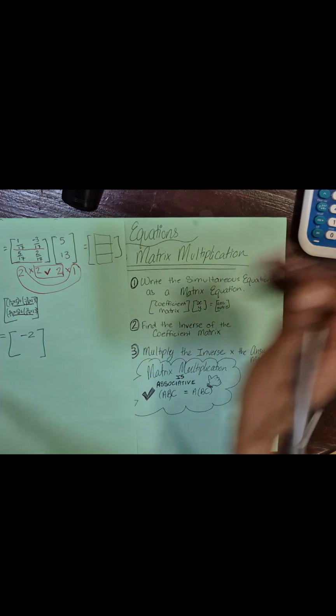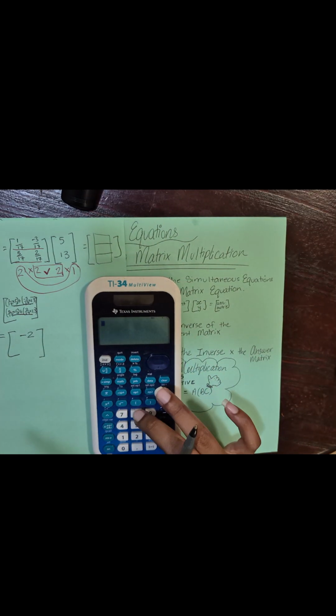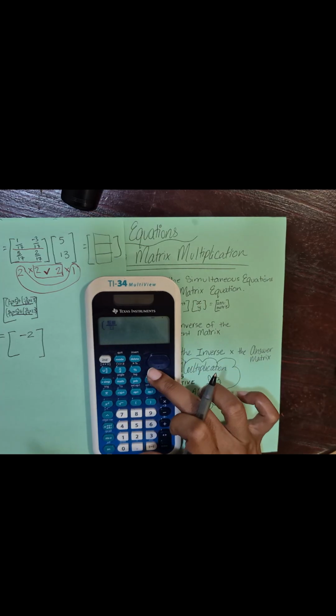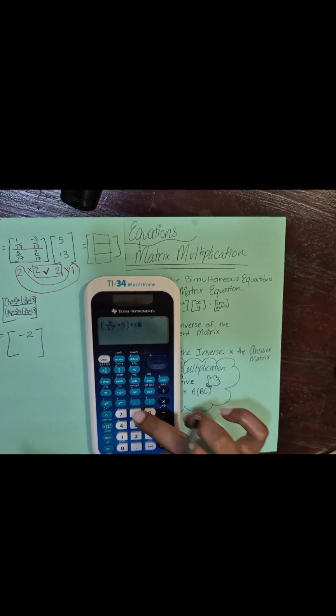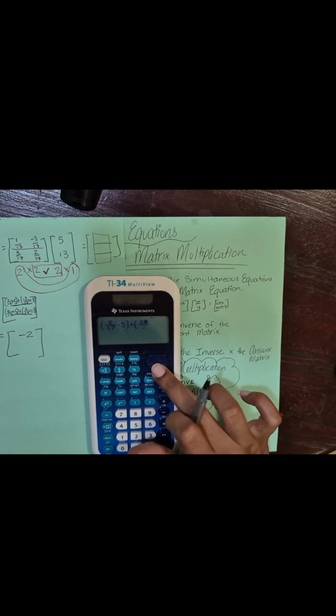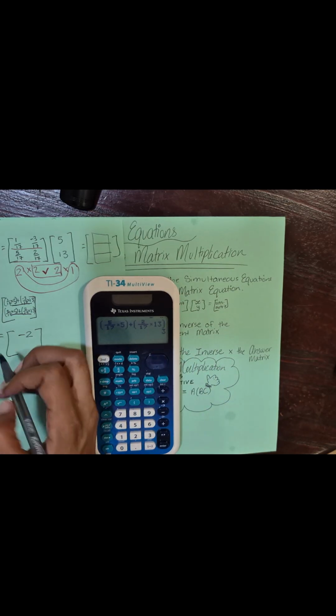And our second element is going to be 5 over 17 times 5 plus 2 over 17 times 13, and we got 3.